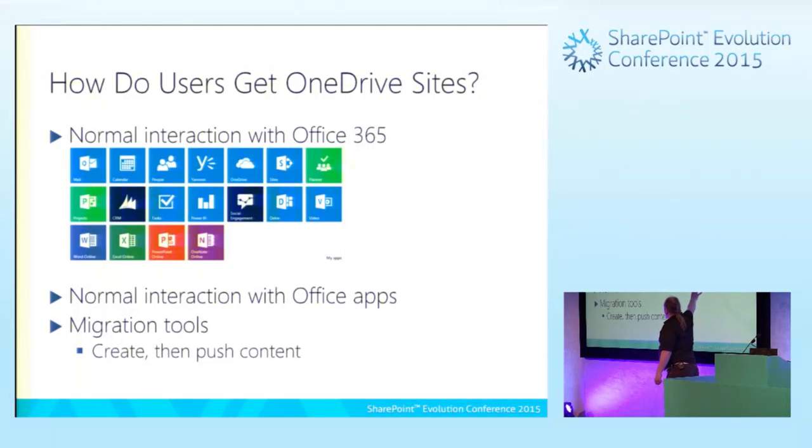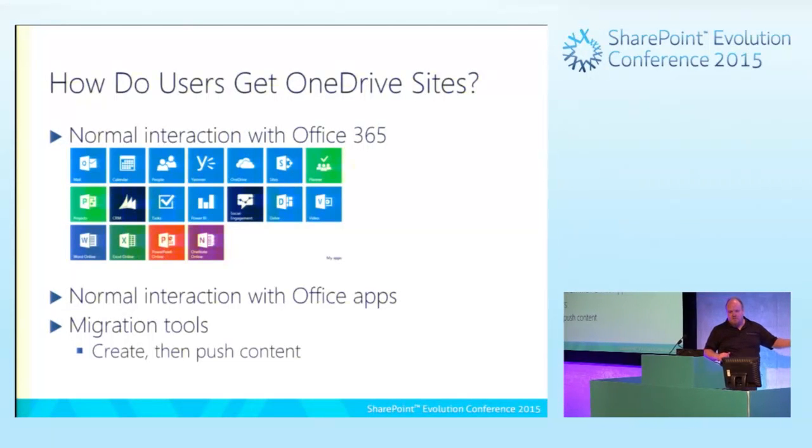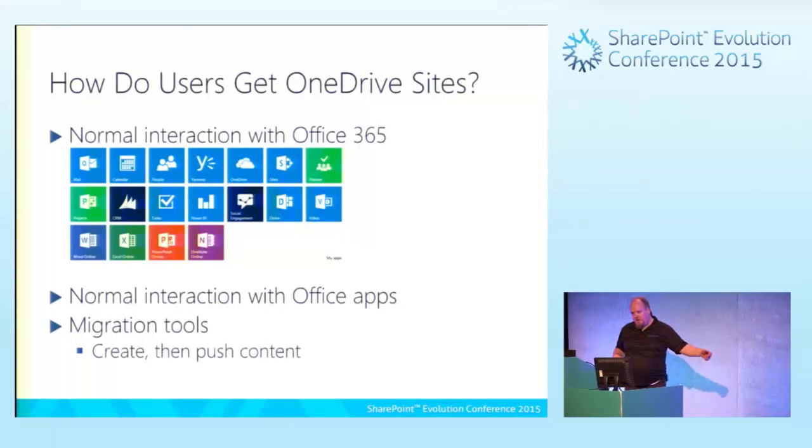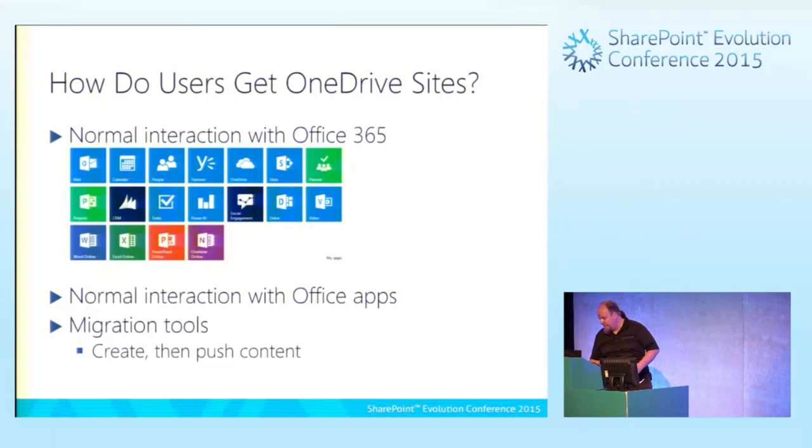You could also do it via Office when you're doing a save, and then you would allow the Office client to create it. But if you have a migration project, you would have migration tools or scripts that would pre-create the OneDrive sites and then push content into them. And if you choose to do that, you need to make sure that you assign the right permissions to the migration account so that it can load content to your document library.